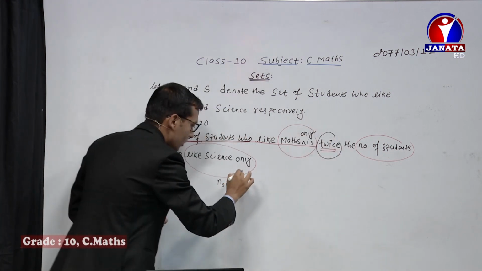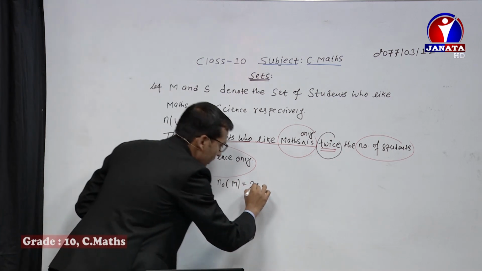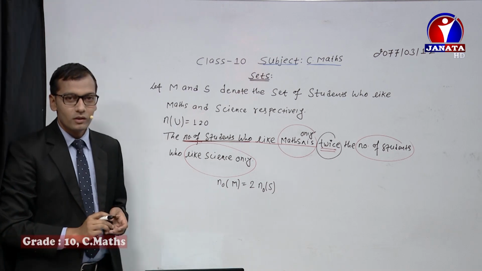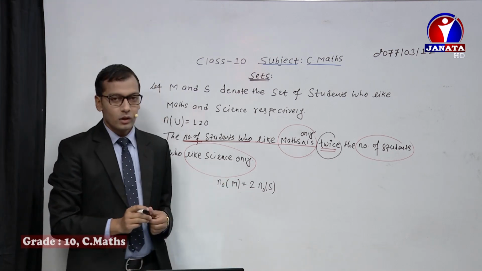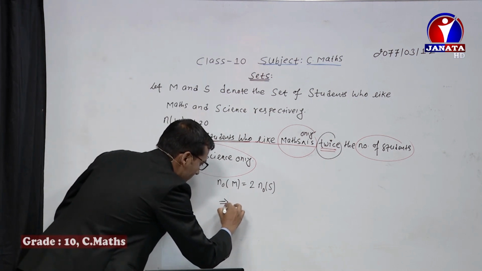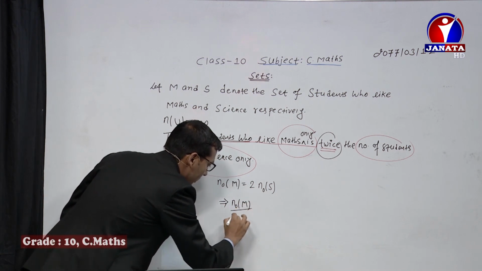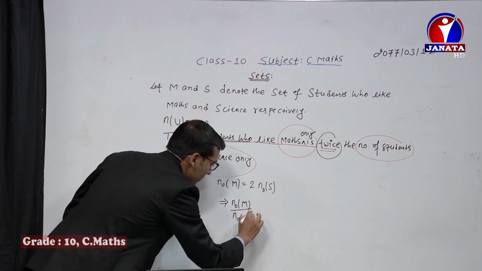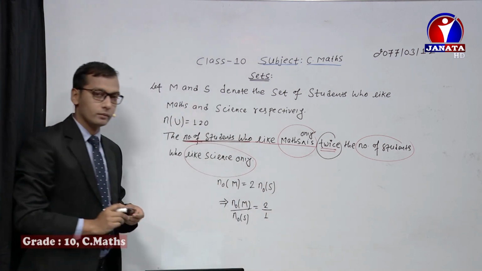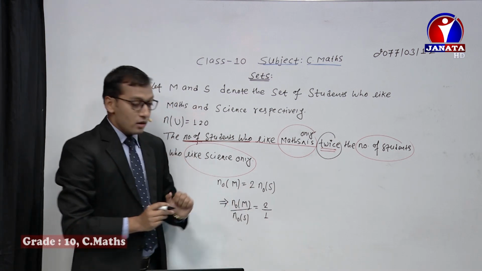Two times, twice the number of students who like science only, n only S. So this is a ratio. We can rewrite n only M over n only S, and the ratio is 2:1. So this is in terms of ratio.